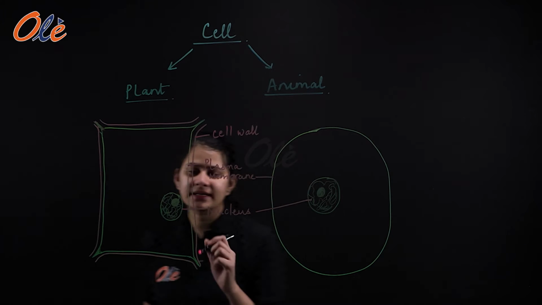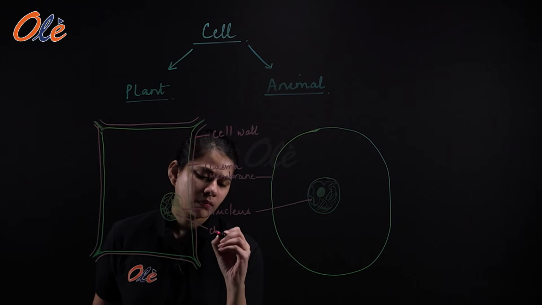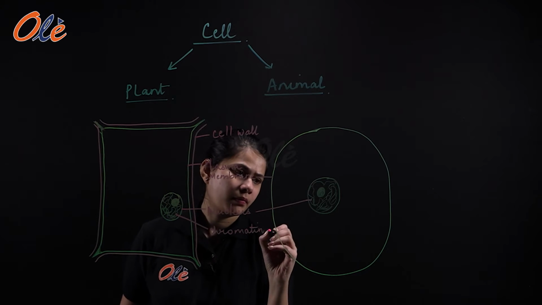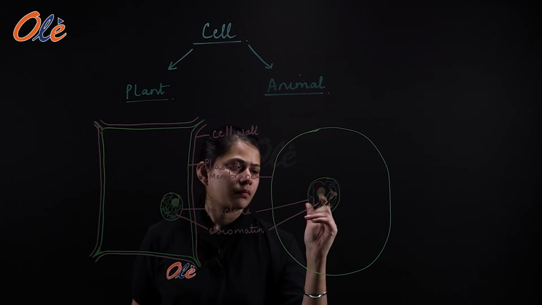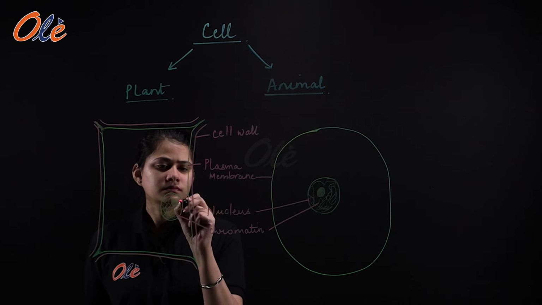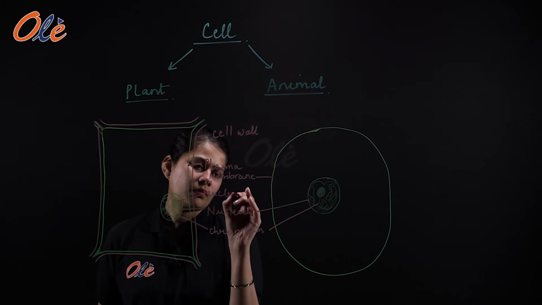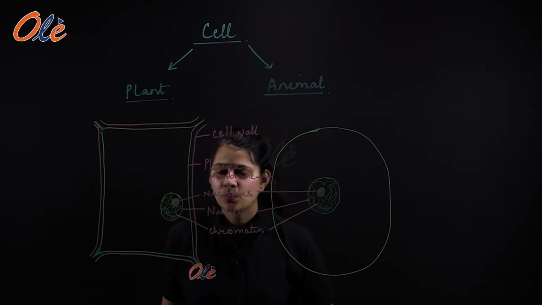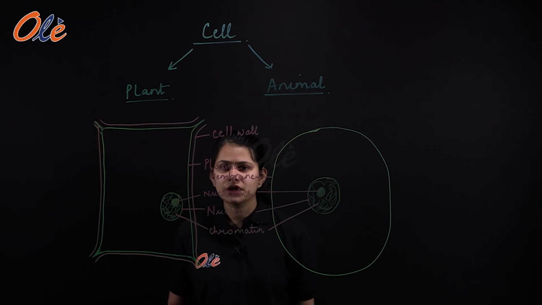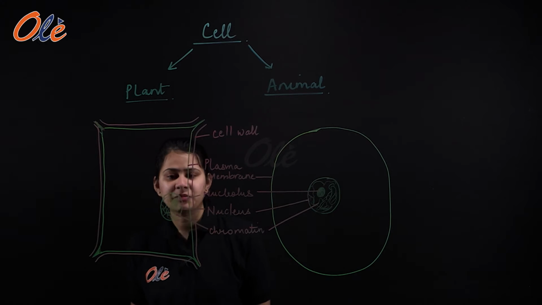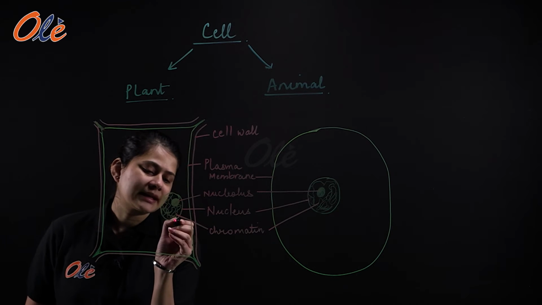So let us label that as well. We also know that the membrane of the nucleus is known as the nuclear membrane, that's right. So we are going to label that as well.